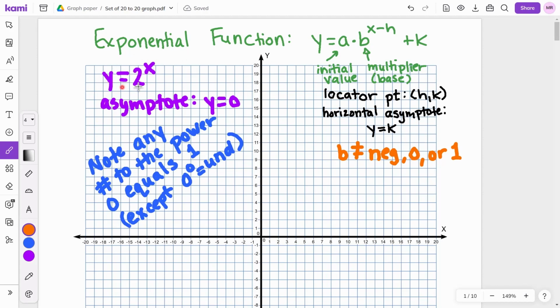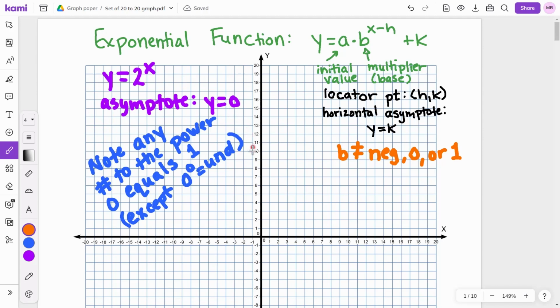So the y-intercept, if the graph is not moved and you do not have a stretch, is always going to be at (0, 1). Okay. And as long as you don't have a plus or minus k here, your asymptote is going to be at y equals 0.